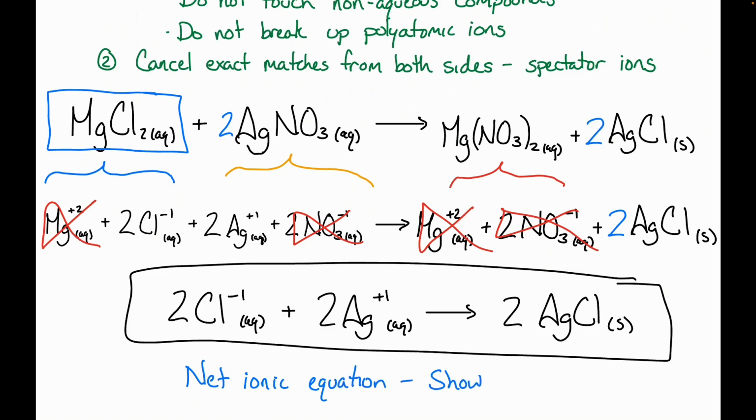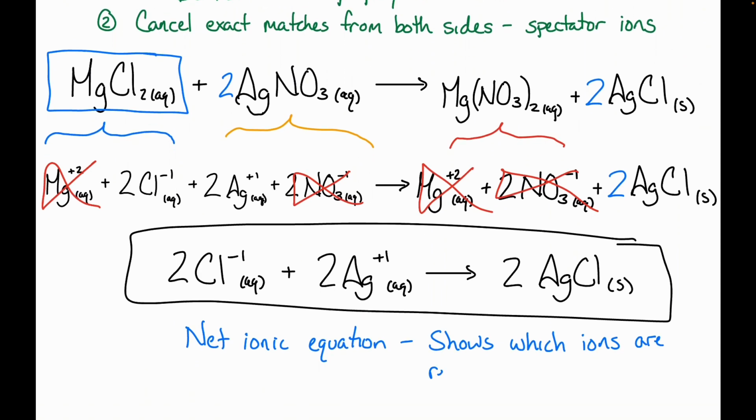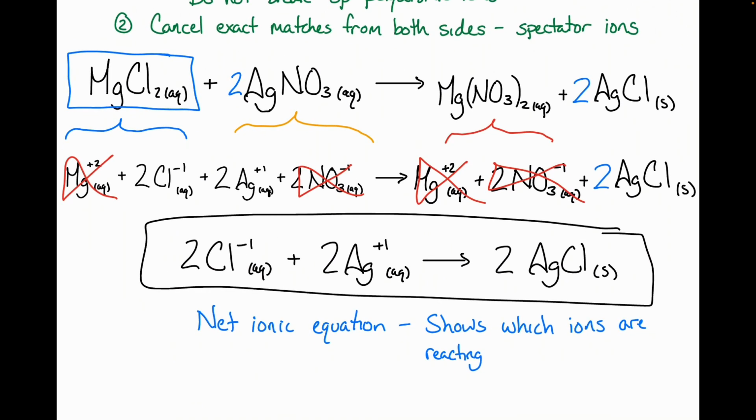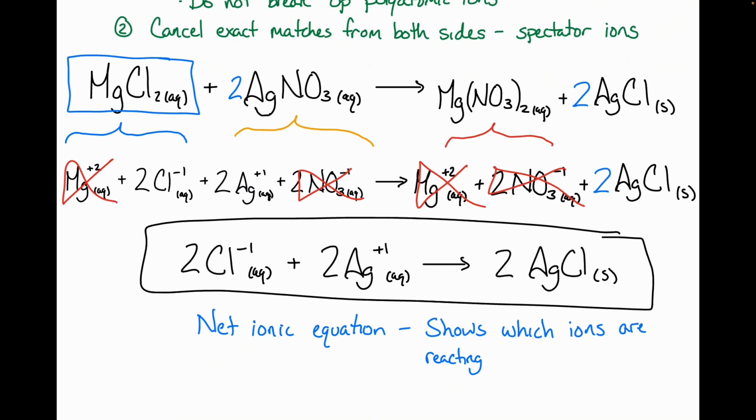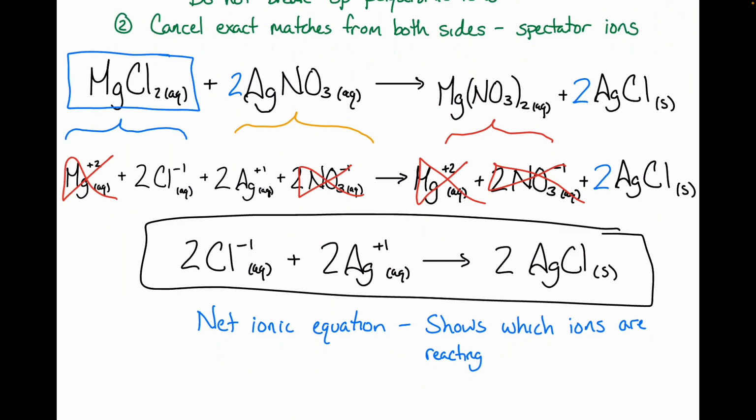And why we like the net ionic equation is because it shows which ions are reacting. It's kind of like the meat of the chemical reaction here. Those things that we crossed out, the spectator ions, the magnesium and the nitrate, just like the name implies, they're just spectating.